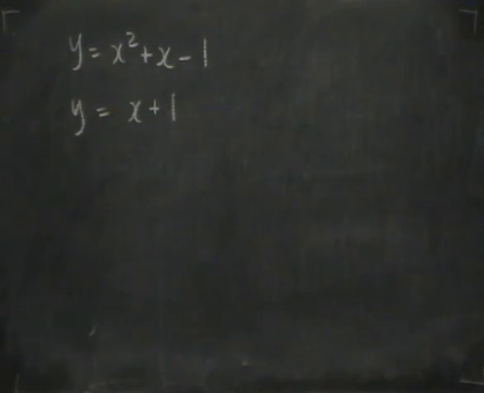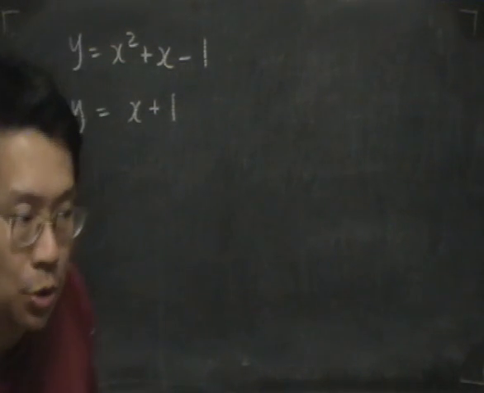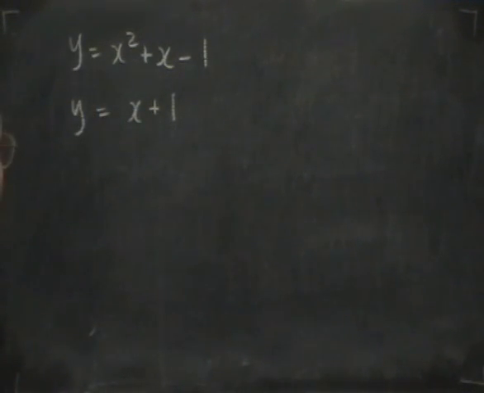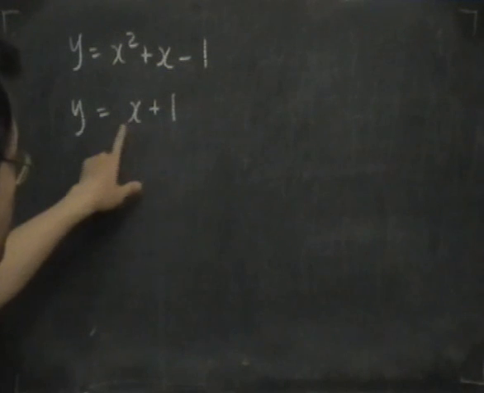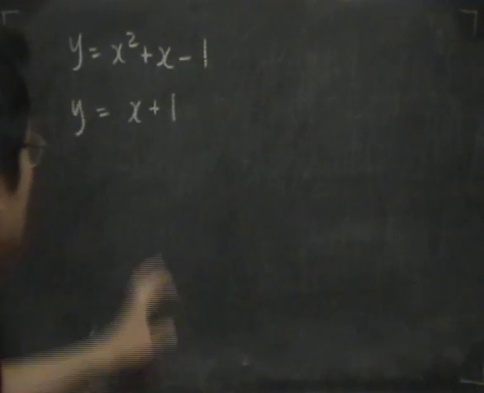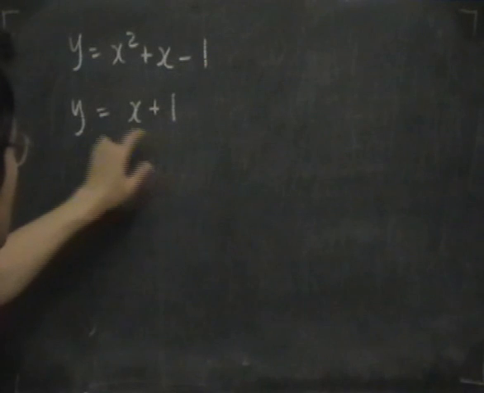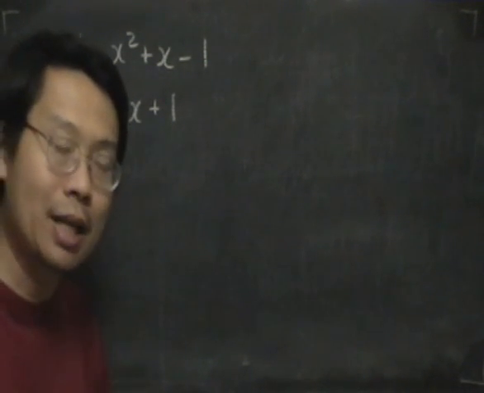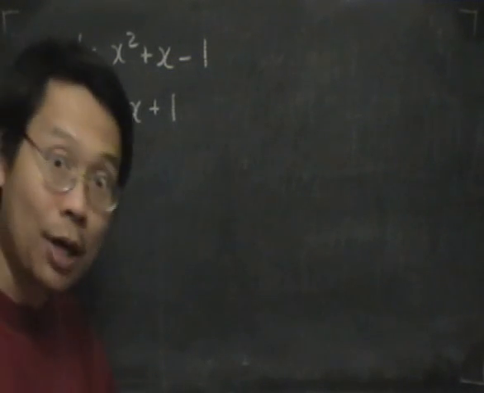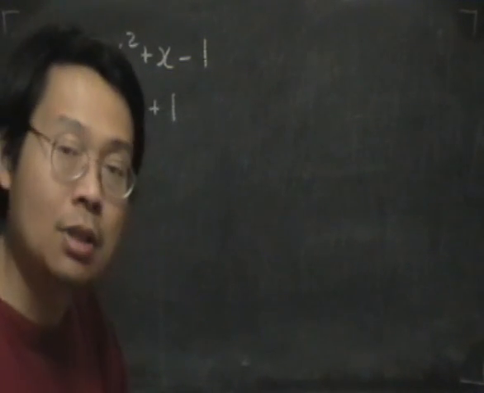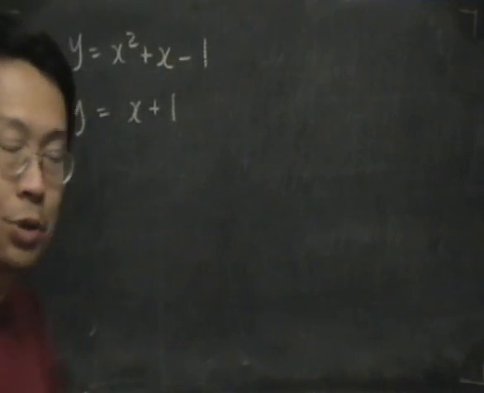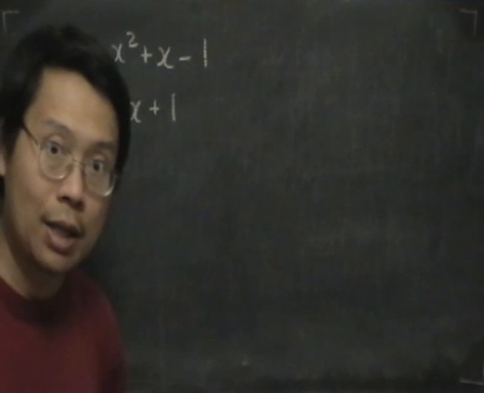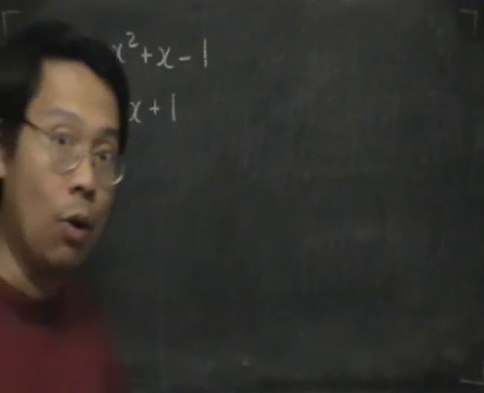Now for this example, we might be able to solve it using algebra. For example, you may try substituting x plus 1 into the y there, and then you might try to simplify that, or maybe factorize it. You can try out the methods for quadratic equations and you might be able to find the answer, or you might not.